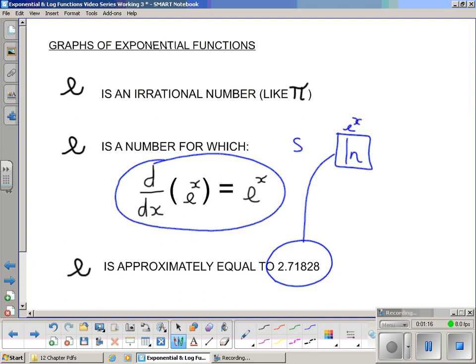So if you press shift ln 1 equals, you should get that 2.71828 value. But we're working with the number e in a special way for differentiation because of that special property.